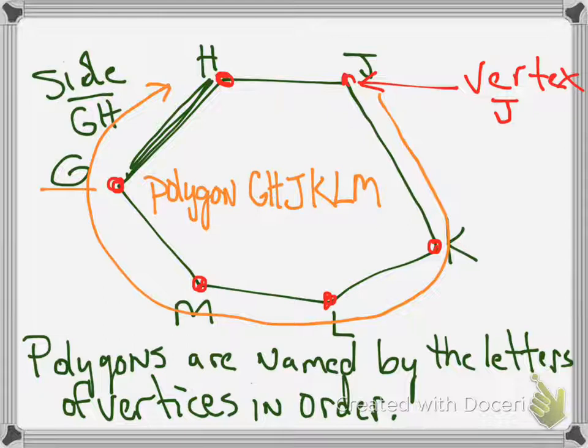I believe they want us to start with the one that occurs first in the alphabet, but my point is that in order means as long as you keep them in order. You can't go polygon H, K, M, J, L, G. We go around, depending on the point that you pick first. It probably should be the one that's first in the alphabet, but you know what I'm saying.